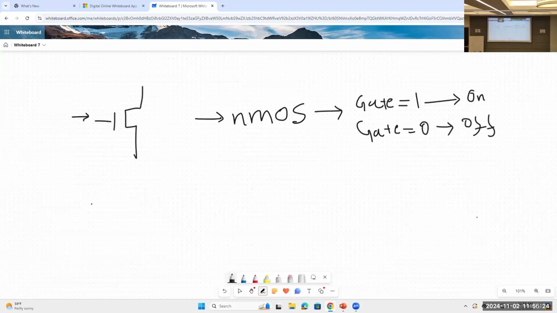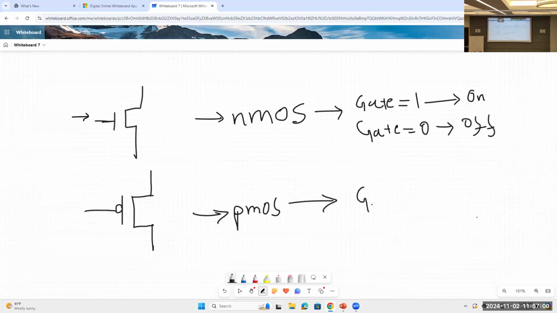Then there is another device, a complementary device of this NMOS, which is called PMOS. What is the difference between NMOS and PMOS? There is a circle here, and the circuit operation of PMOS is totally opposite to NMOS.